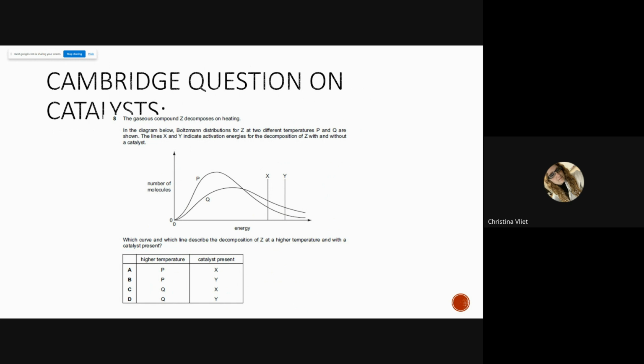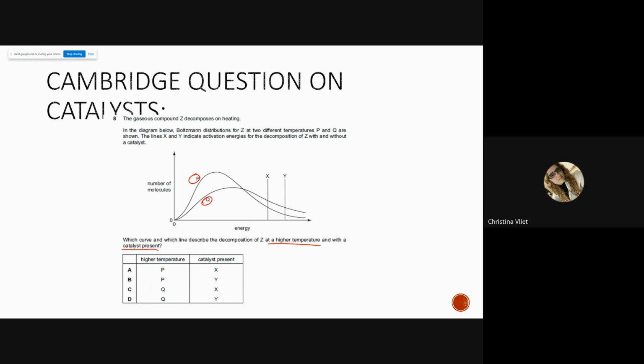In the diagram below, they give you 2 different Boltzmann distributions, P and Q. One for high temperature, one for low temperature. And then they give you 2 lines, X and Y, one for activation energy without catalyst, one for activation energy with a catalyst. And they ask which curve and which line is at the higher temperature with a catalyst present.